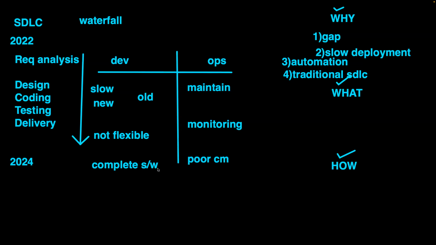How can we overcome these drawbacks of the traditional methodologies? Using DevOps. Agile came in, but Agile was successful in overcoming the challenges of the dev team, but not the ops team, right?